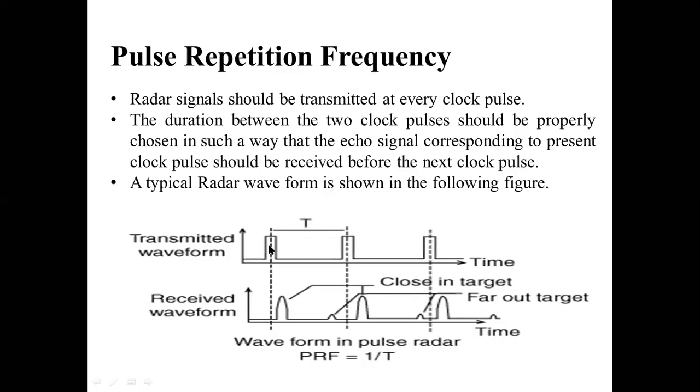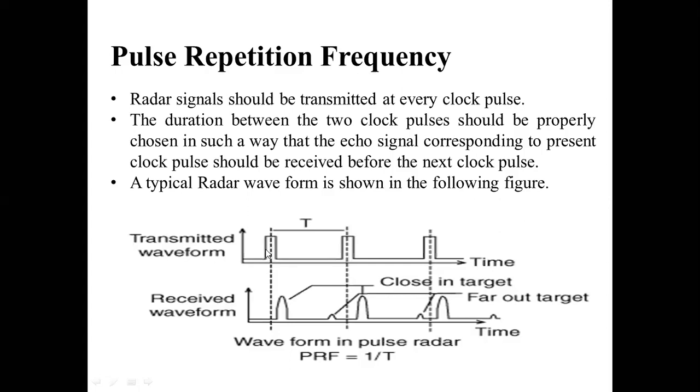If you are transmitting the first pulse within the pulse repetition time period and you are getting the echo signal, there is no confusion. That echo signal is related to the first transmitted pulse.